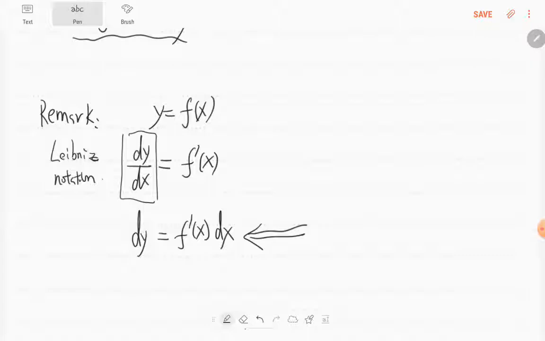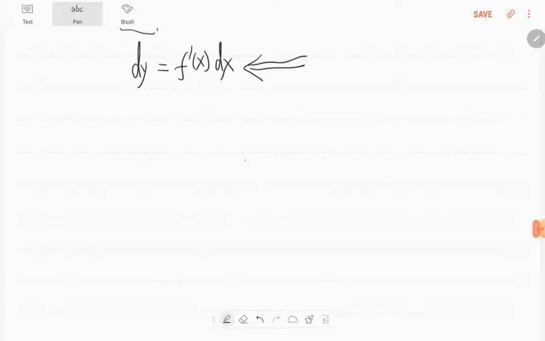Now let's look at one example. If y equals x squared, what is the differential of y?